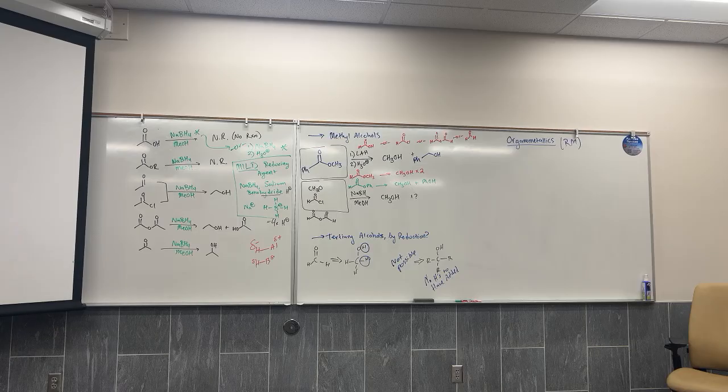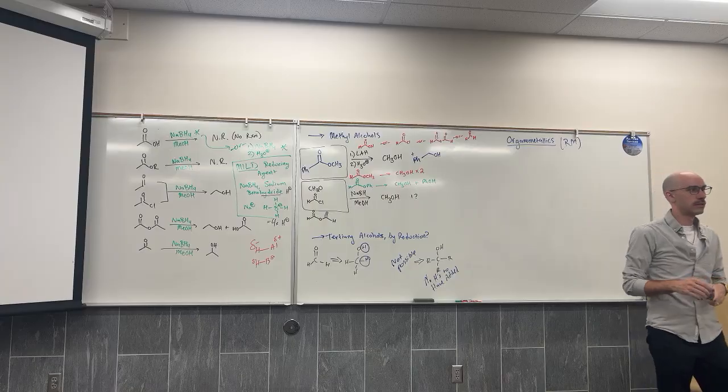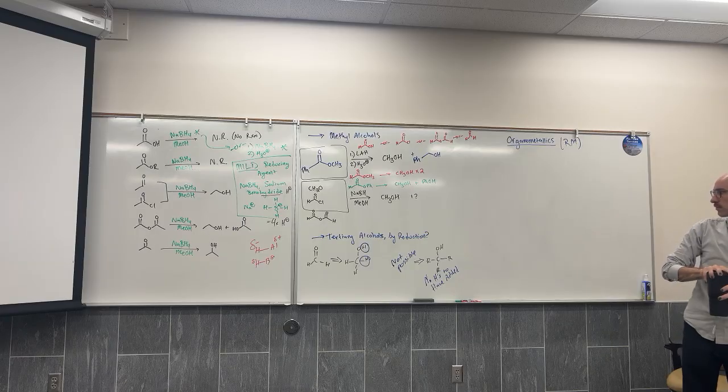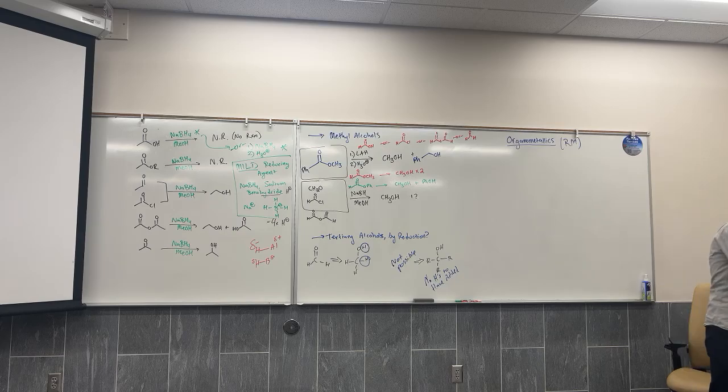And is it obvious what I mean by abbreviating the organometallic as RnM? R is the organo, M is the metallic. So first, let's talk about how we prepare organometallics.